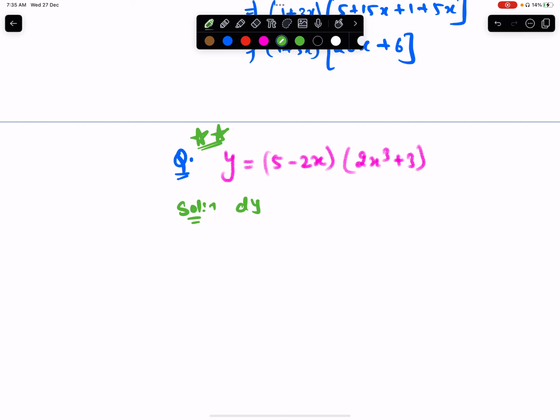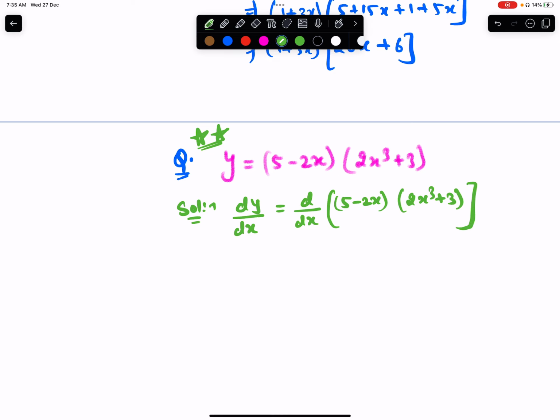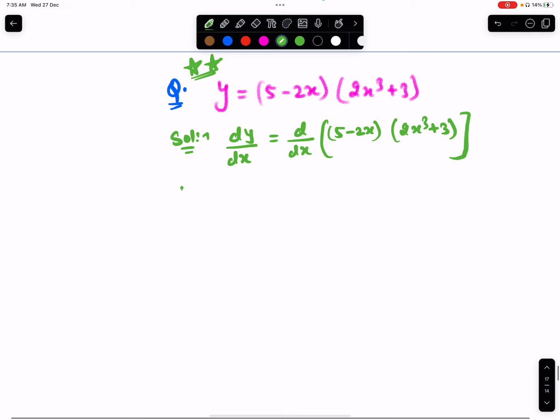dy/dx equals d/dx of (5 - 2x)(2x cube + 3). So how to solve this? First we write it like this.